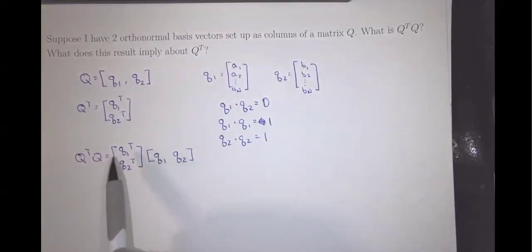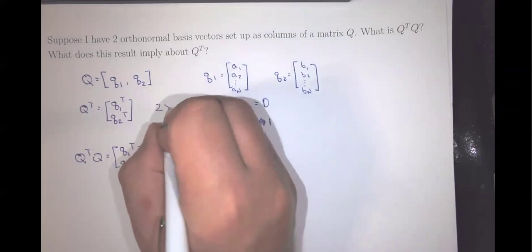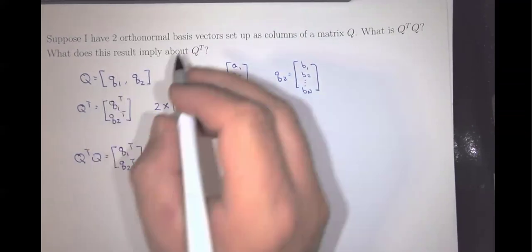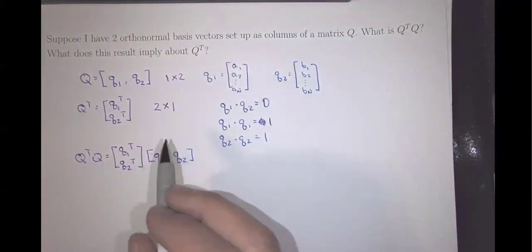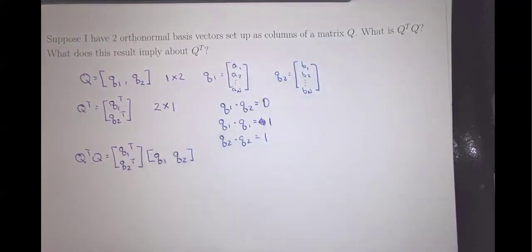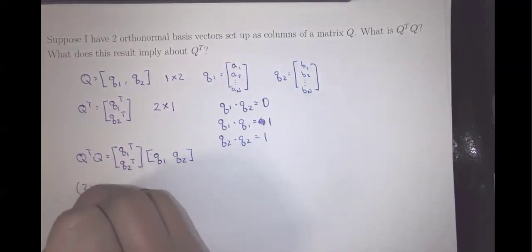Now, my first vector here, my Q transpose, that's 2 by 1. And my Q is 1 by 2, which means I can do this multiplication, and my result is going to be 2 by 2.